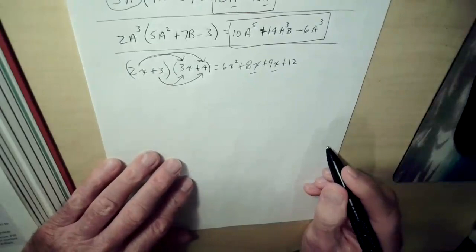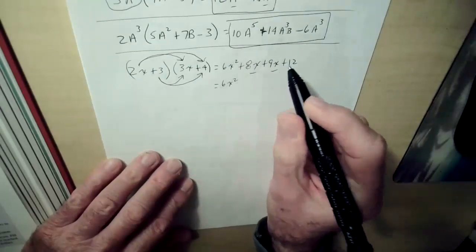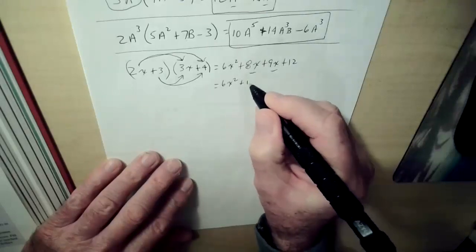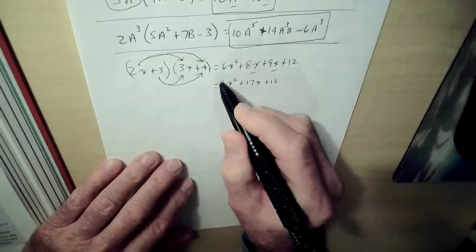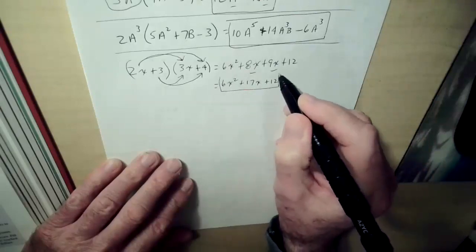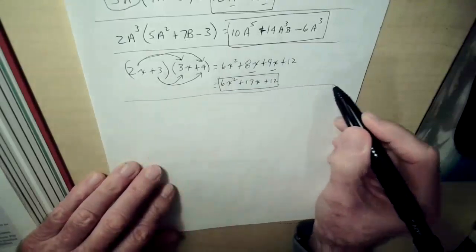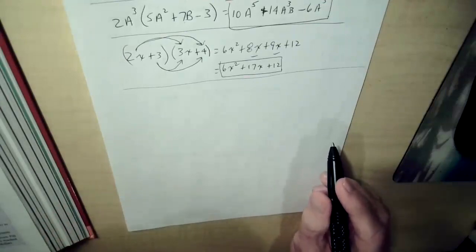The middle two terms are typically like terms. So this is 6x squared, 8x plus 9x is 17x, plus 12. Very, very important.